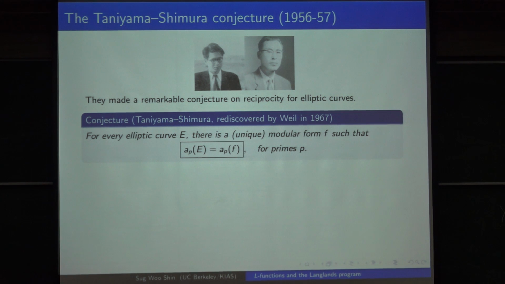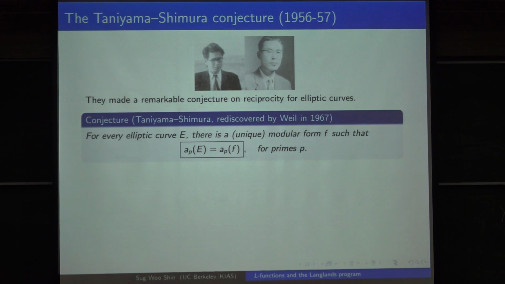And in fact, you can also think about a converse direction. Well, whenever you see a statement in mathematics, if one says that if you have something in A, then you have something in B, then you can always ask a question backward. So you can also ask, if there's a modular form, is there a corresponding elliptic curve?